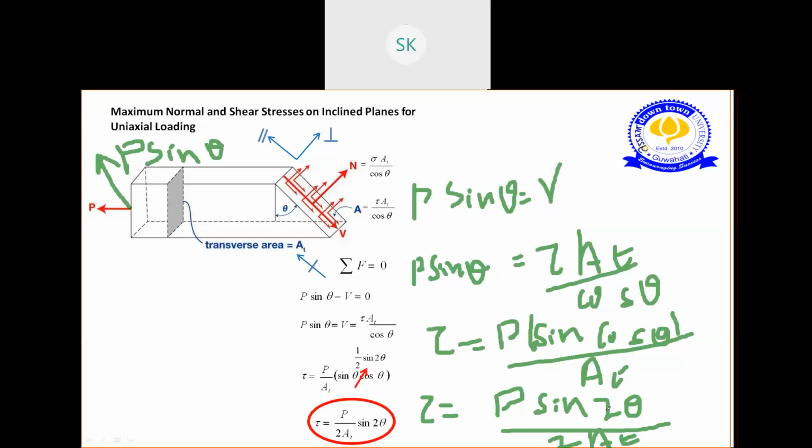So this is what we got: tau equals to P by twice A0 sin 2 theta. Is this part clear? We got tau equals to P sin 2 theta by 2A0.